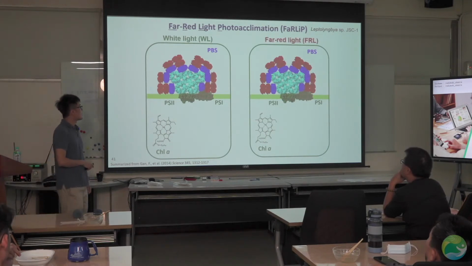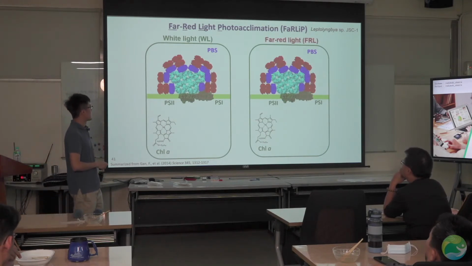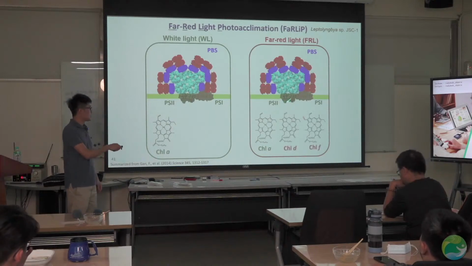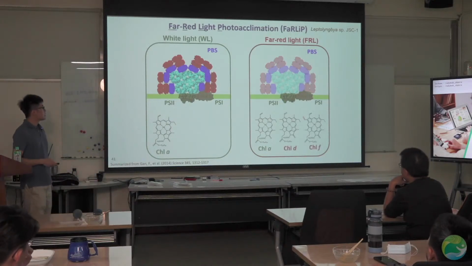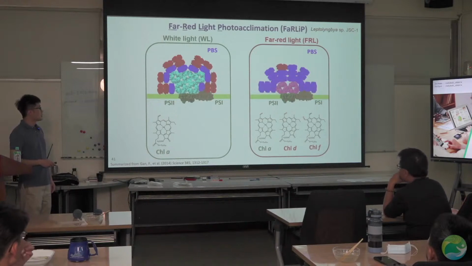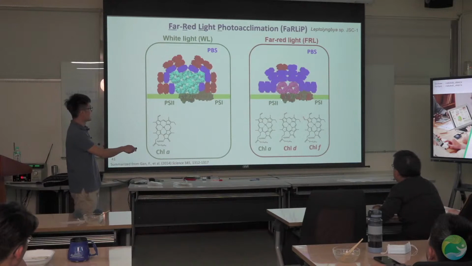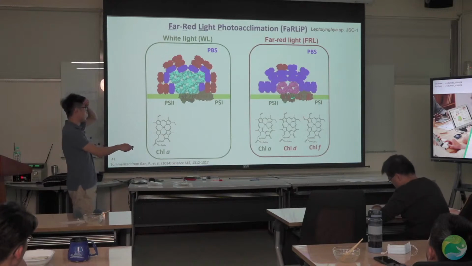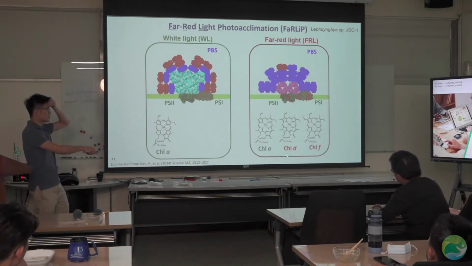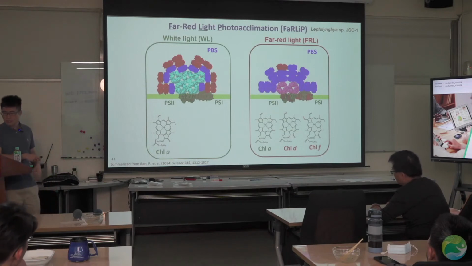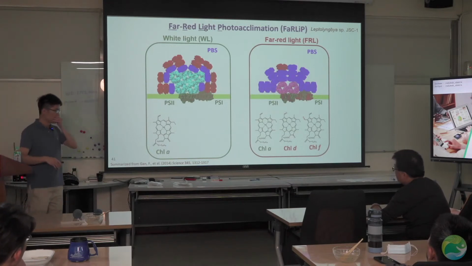But under infrared-light-enriched environments, they can sense the change of light conditions, and then they produce chlorophyll D and F, and remodel their phycobilisomes, photosystem 2, and photosystem 1. Some subunits in them are replaced, so they can bind to chlorophyll D or chlorophyll F. That allows them to harvest far-red light for photosynthesis.